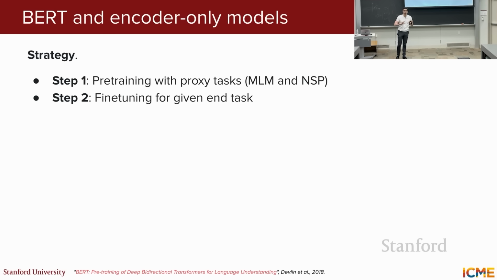MLM stands for Masked Language Model, and NSP is next sentence prediction. Masked Language Model is a way for the model to learn the internal structure of the inputs. And NSP might be seen as a way to see if the ordering of sentences makes sense. We're going to go a bit deeper into each, but it's a combination of objective functions that the authors assume to be helpful for learning general embeddings of high quality.